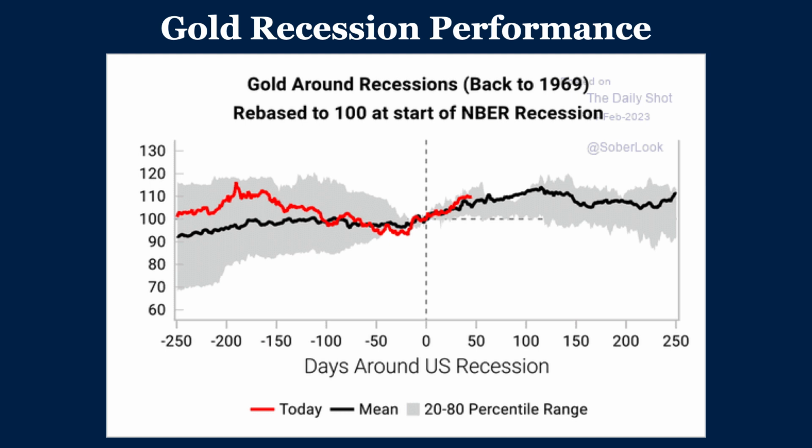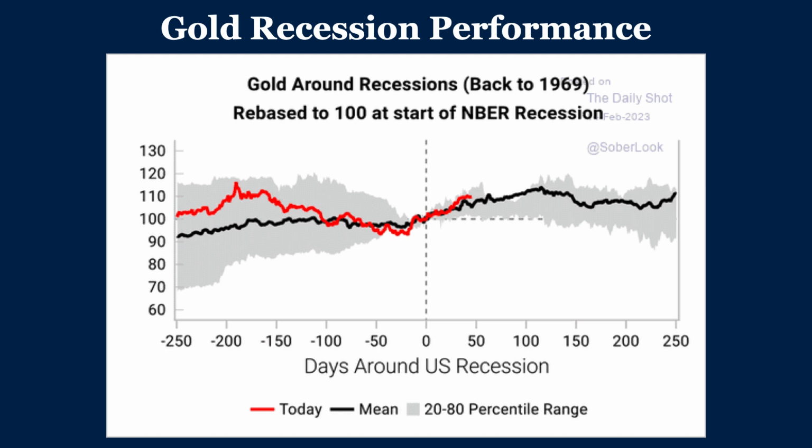So even if gold bottoms, let's say gold makes a low in the spring at the low 1700s or even 1700, and you look at that average gain, that projects up to 2050 an ounce or 2070 an ounce. Based on the recession hitting, gold can rally and retest its all-time high.